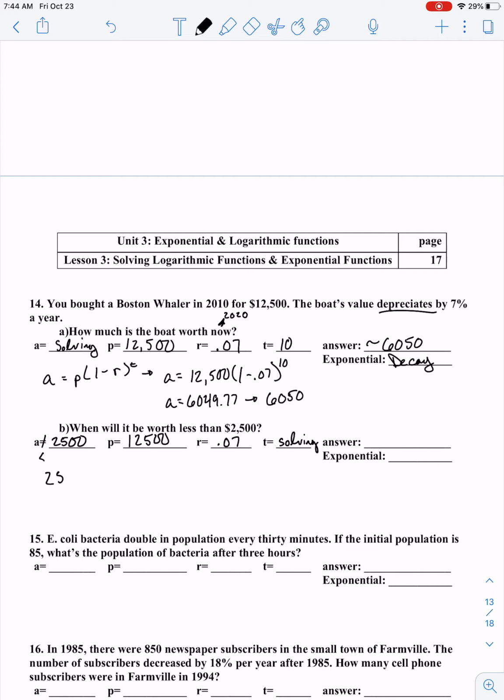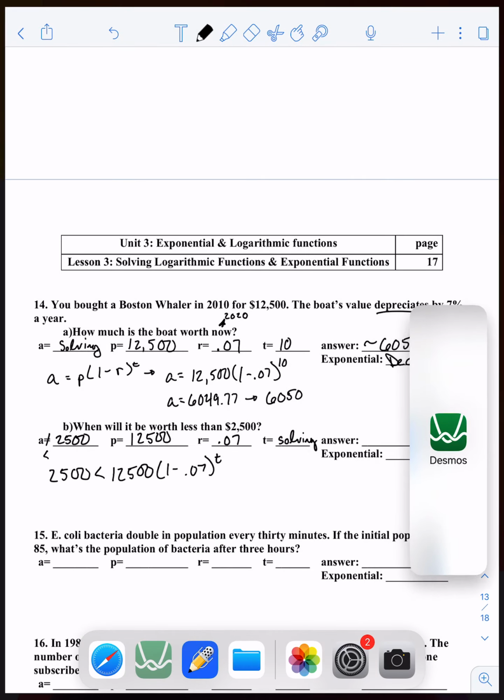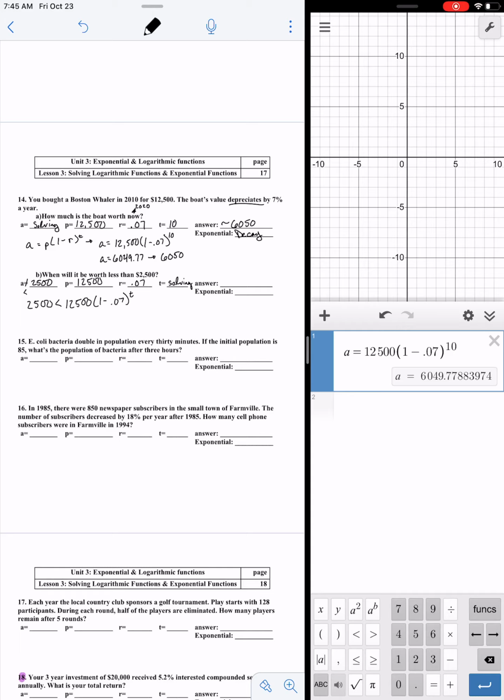So 2,500 is less than 12,500 times 1 minus 0.07 to the T power. So 2,500 less than 12,500 times 1 minus 0.07 to the T power.